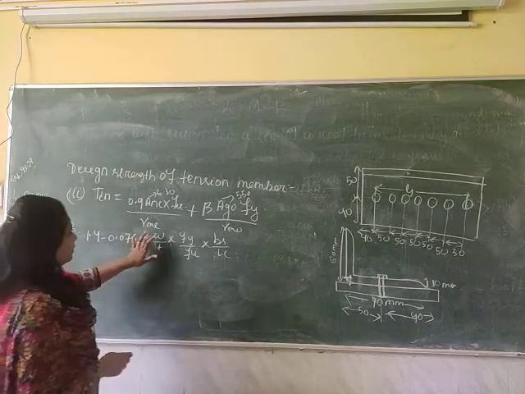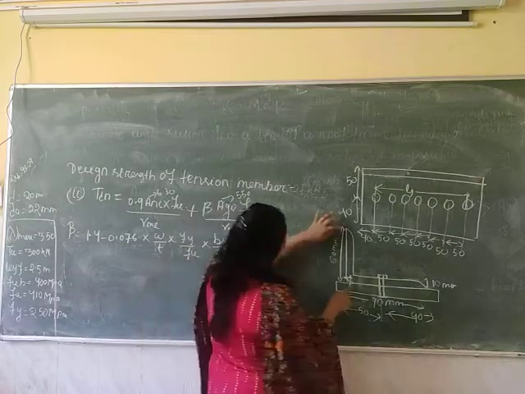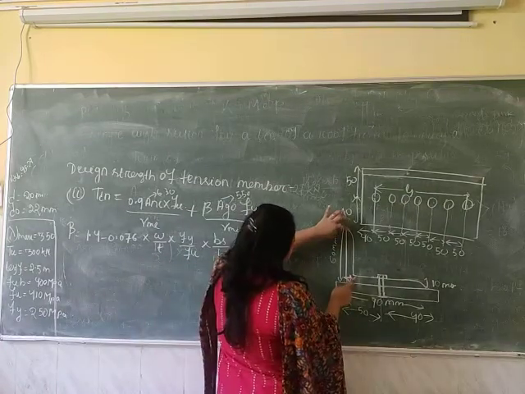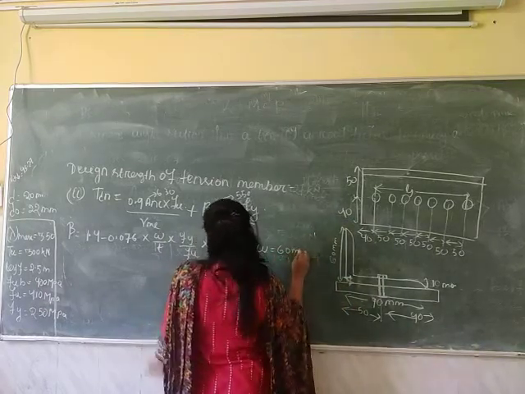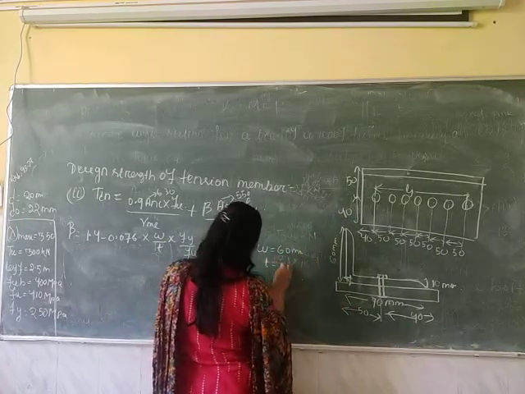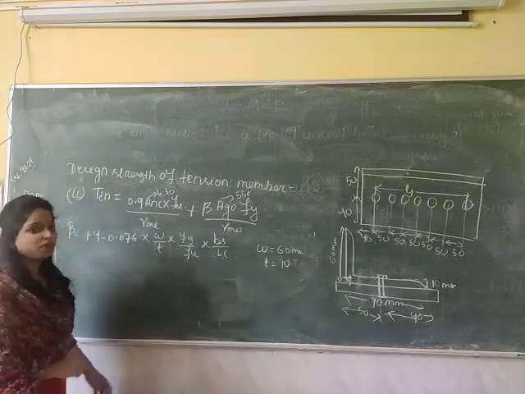Here w is the outstanding leg width. This is the outstanding leg, and the width of this outstanding leg is 60 mm. Then the thickness of the angle section is 10 mm. Next, Fy is 250 and Fu is 410.